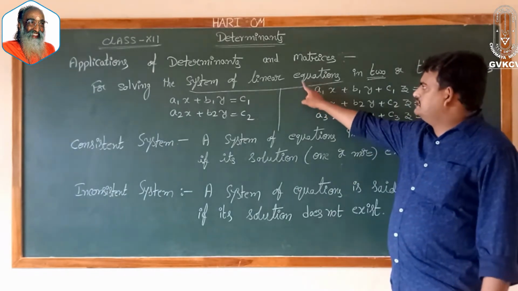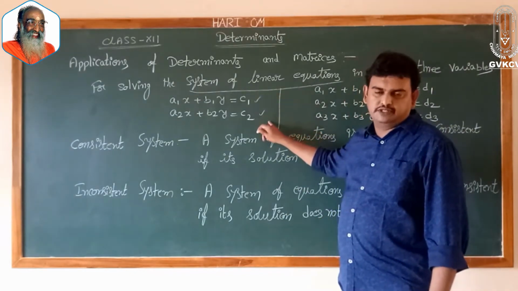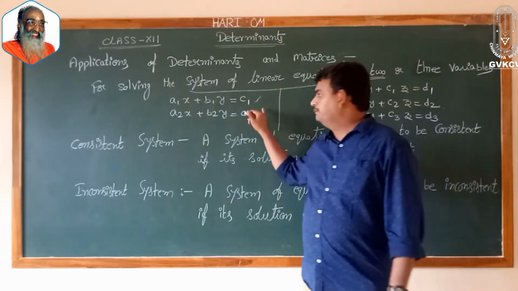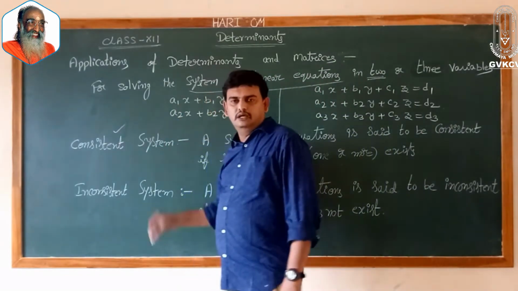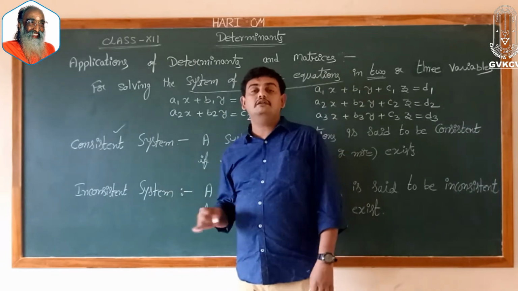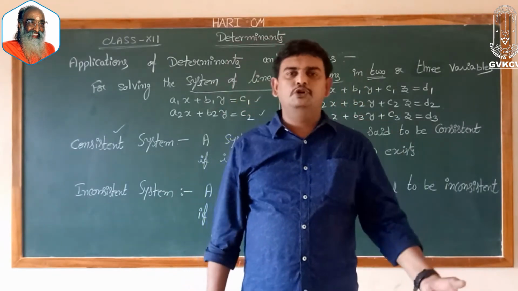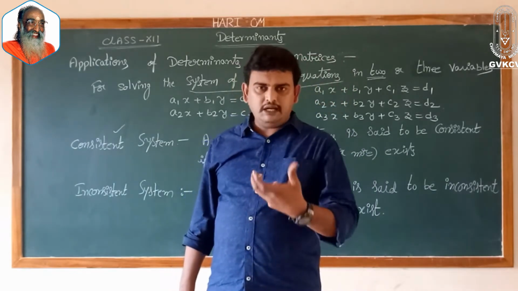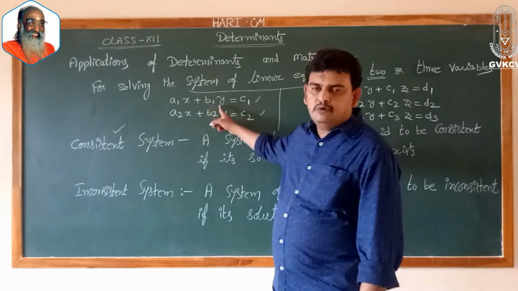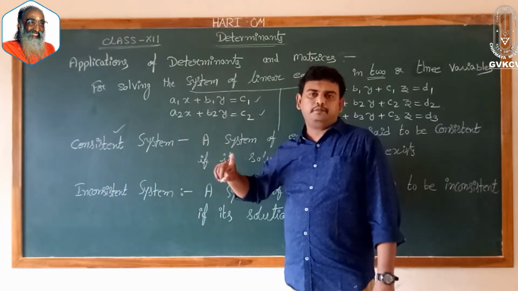When we can say these linear equations are consistent? If these equations have a solution, either one solution or more solutions. In that case, we say the system of linear equations is called consistent.